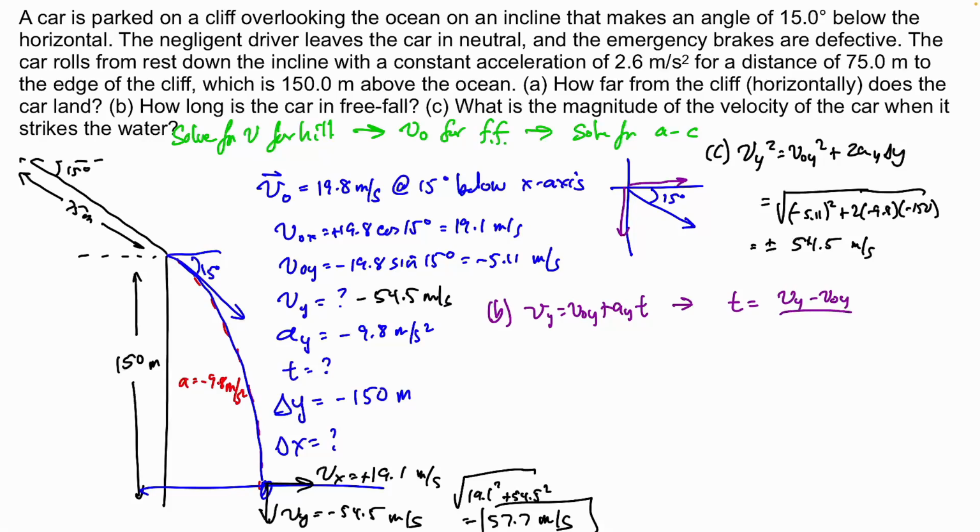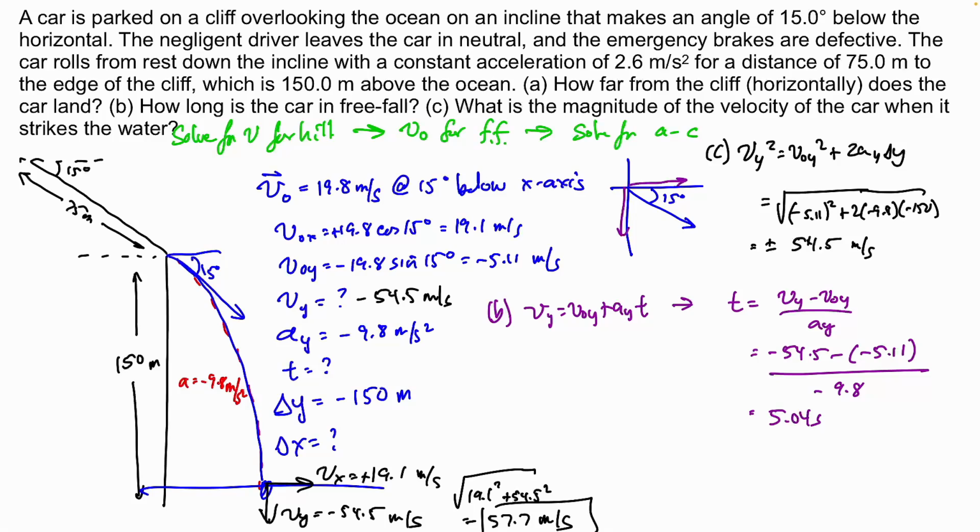I'm doing math real fast here because it's painful. My negative 54.5 goes in there, minus a negative 5.11. A lot of minus signs, divided by negative 9.8. For that time, I got 5.04 seconds.